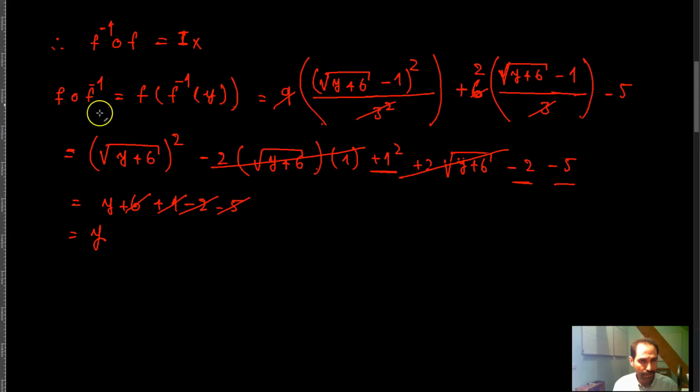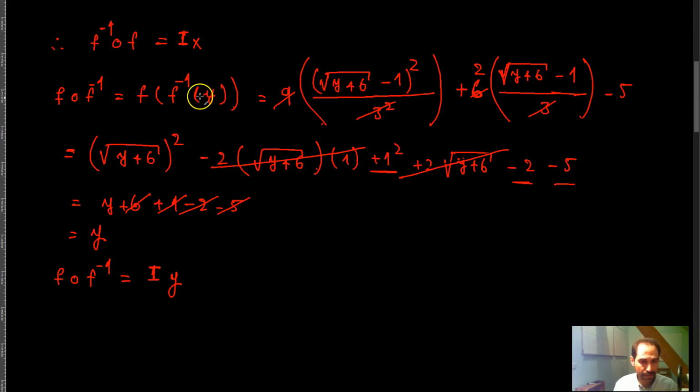That means that this function, if you enter any y into it, it will give you y back. That means that f of f inverse is the same thing as I of y. And of course these two y's are different, as you can imagine.